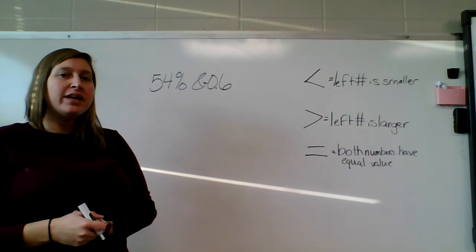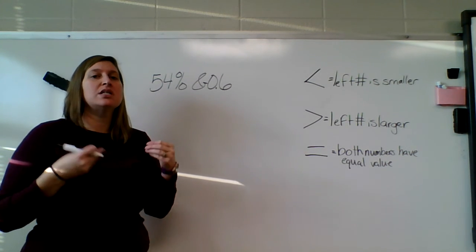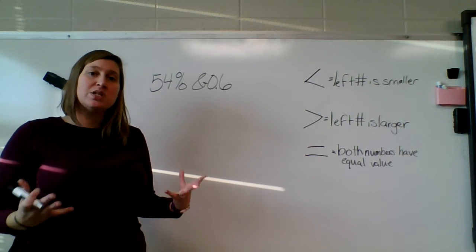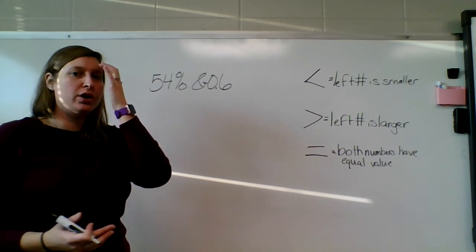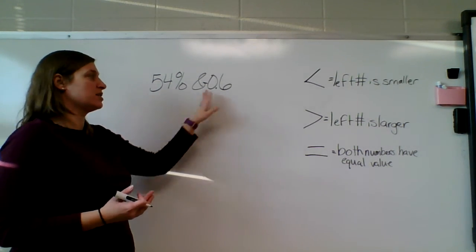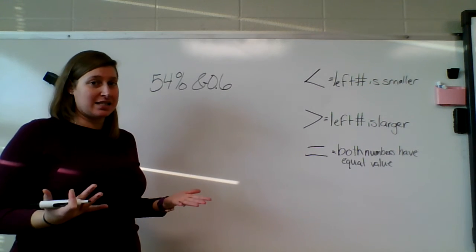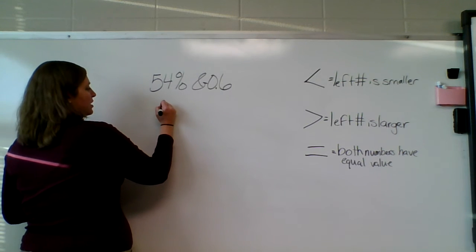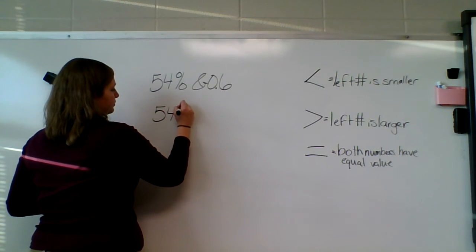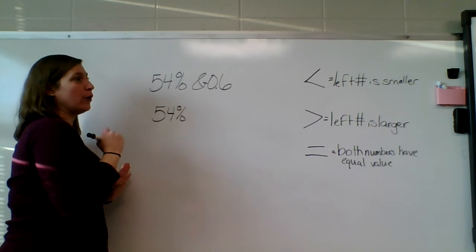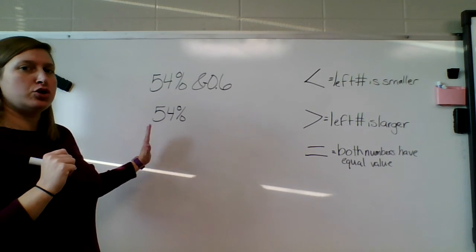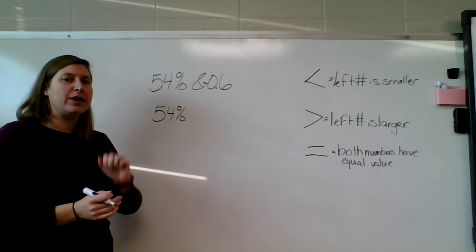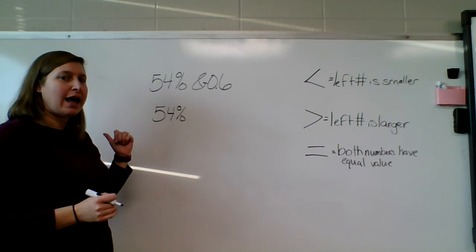Okay, so now what we need to do is turn these into the same form. Remember, we're going to use decimal. So I'm going to turn 54% into a decimal, and 6/10 is already a decimal. So I only need to convert one of them. So I'm going to take 54%, and to go from a percent to a decimal, I move my decimal place 2 times to the left.